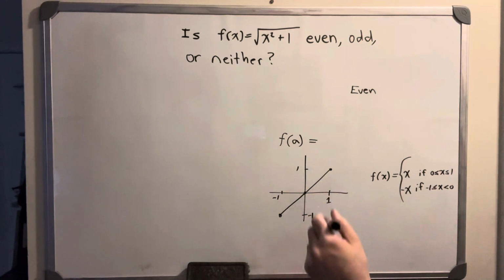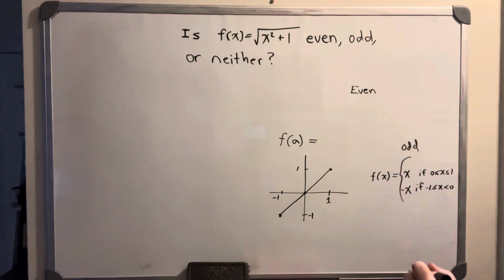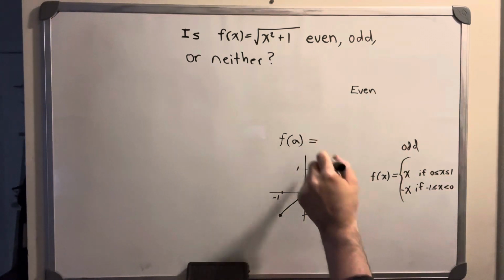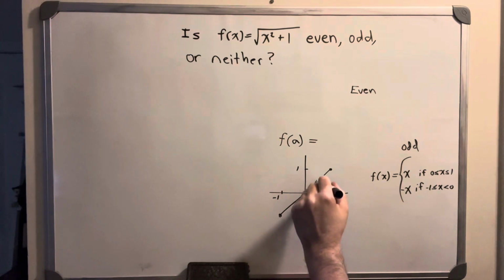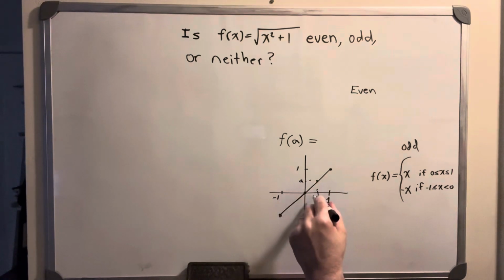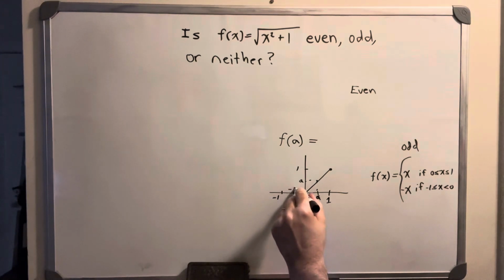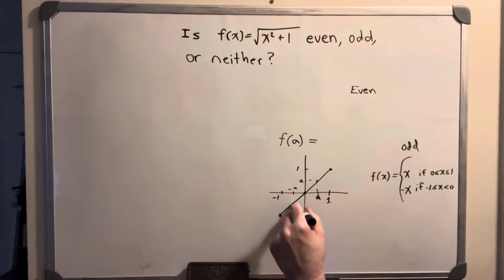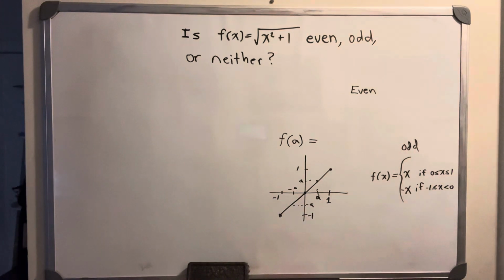I said this is an odd function. What is true about here? Let's say this is a. And by this function, this would be a, right? And if this was minus a, this would be minus a.